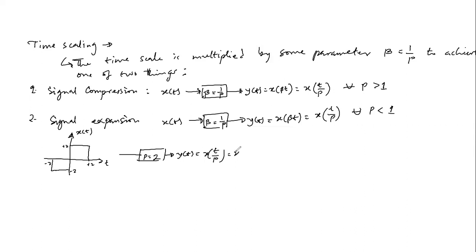So in other words, we're going to be having x of t over 2. Okay? So how will the output look? Let's check on how the output will look. Let's use the block for the scale.